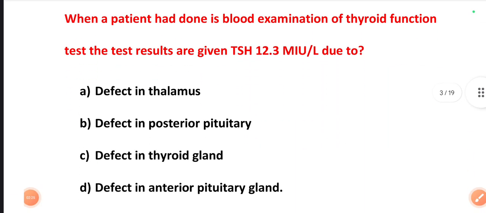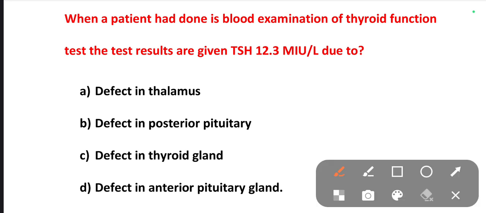The next one is, a patient has done a blood examination for thyroid function test. The test results are given like thyroid stimulating hormone 12.3 milliequivalents per liter. So what is the reason the person has thyroid stimulating hormone of 12.3?